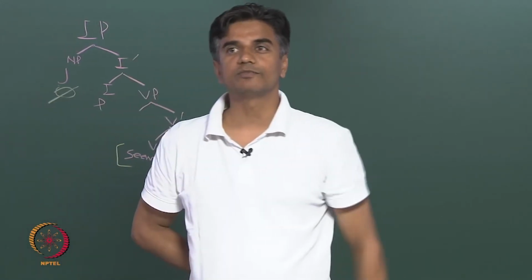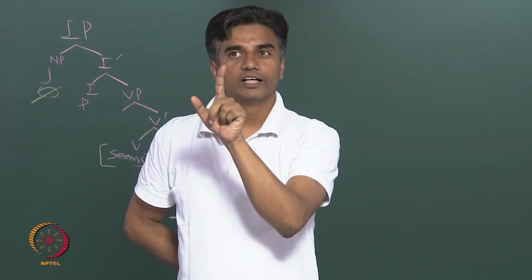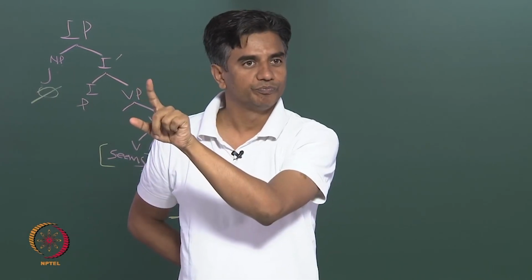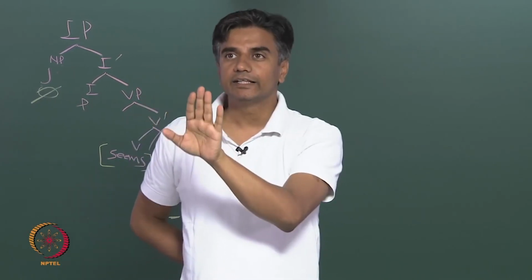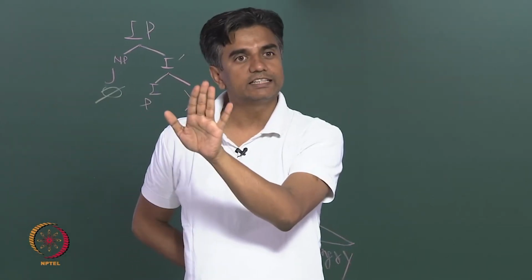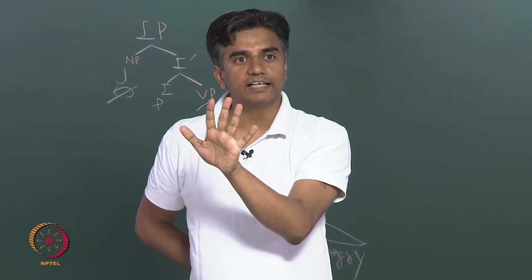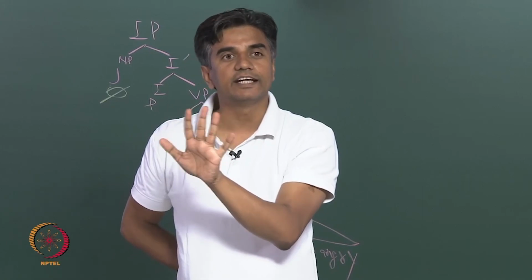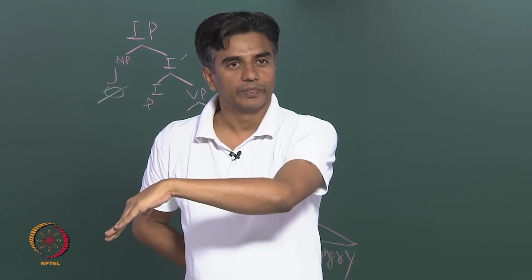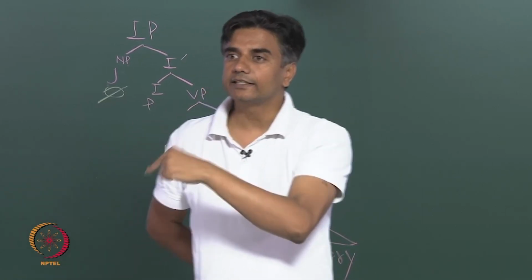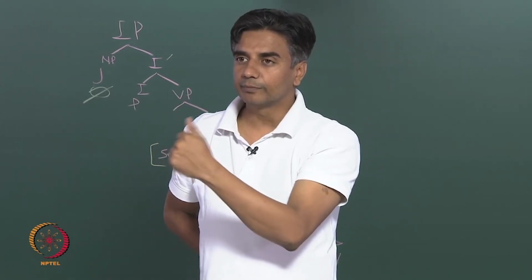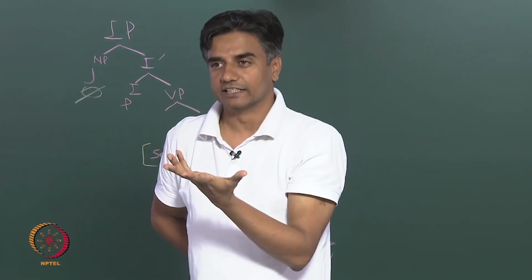And what is the object of this verb? Him to go. Right? The problem with him is it doesn't have any case assigner below. And the problem is, where did it get accusative case?